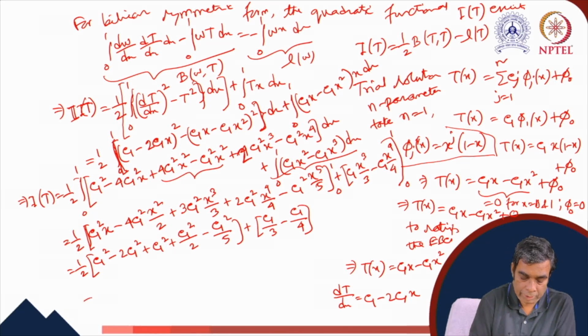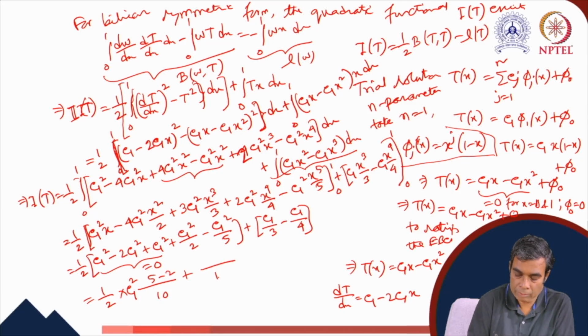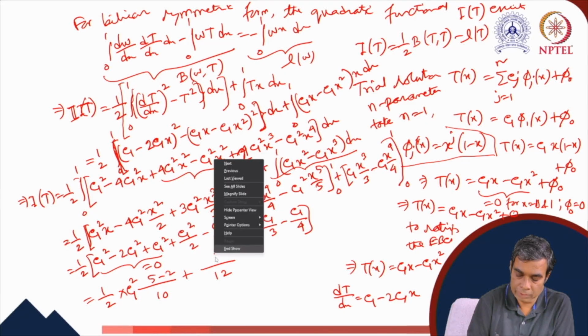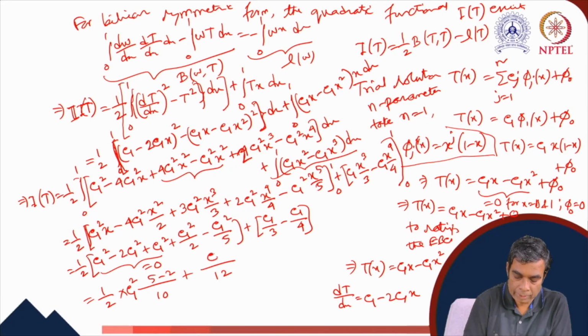If we check it, c1 square and c1 square, this portion equals 0, then we are left with half into 5 minus 2 plus 12, so it is c1, 4c1 minus 3c1, so it is c1.